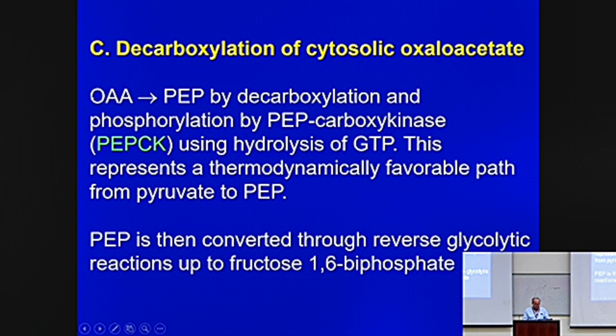Oxaloacetate now is going to be converted to PEP. So this is the second part of that bypass. Really, we're trying to make PEP from pyruvate, so we need two enzymes in succession. Pyruvate carboxylase was the first one to produce oxaloacetate. The second one is called PEP carboxykinase.